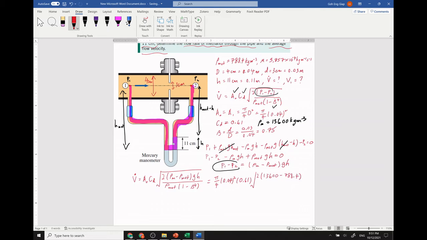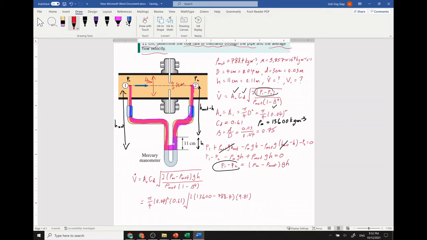Oh, I think we are out of space again, so this is what I will do. So we continue. g is 9.81. H, you already know the H. What's the H?